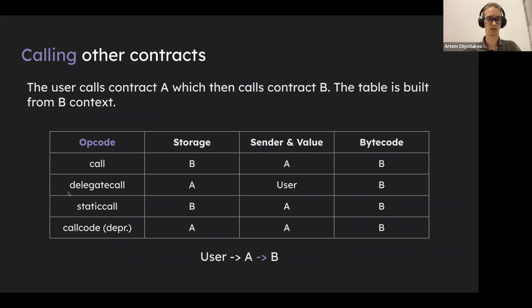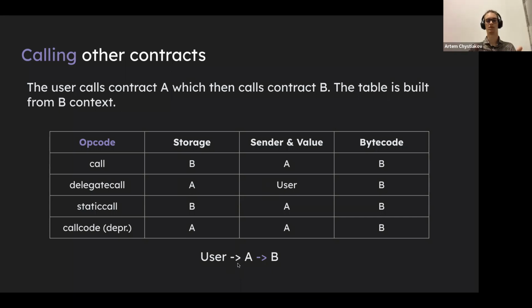Then there is a delegate call. When contract A delegate-calls contract B, the storage of contract A will be used, not of contract B. The sender and the value of the call will be those of the previous call.